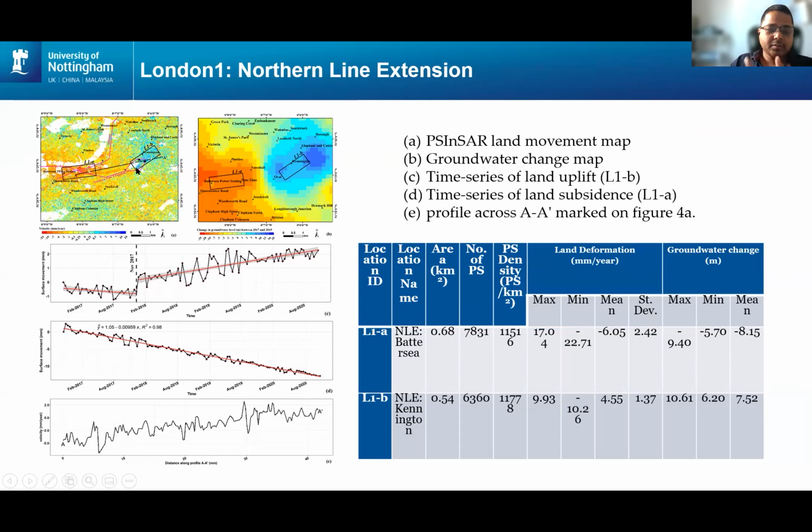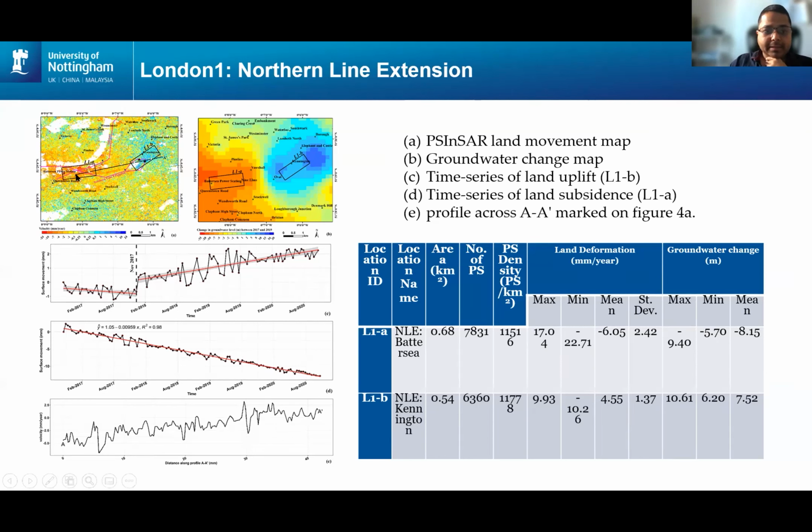Groundwater was extracted during this period. Once the extraction stopped and the construction was over by the beginning of 2018, the groundwater was released back, and due to groundwater recharge we could see a heave and continuous land going up. So clearly the land movement in this area is dominated by groundwater change.